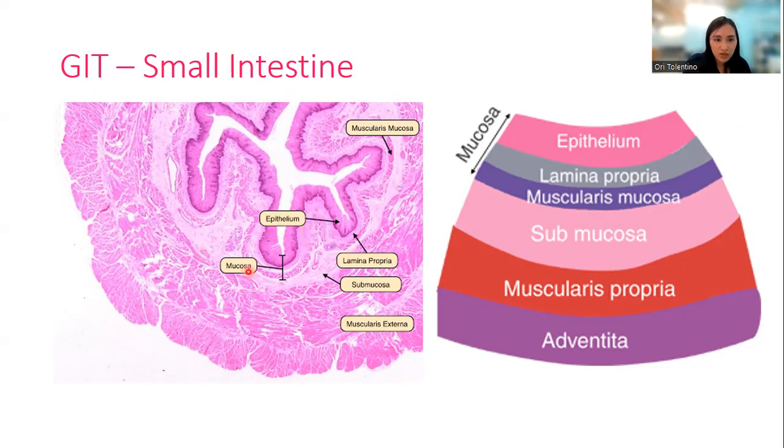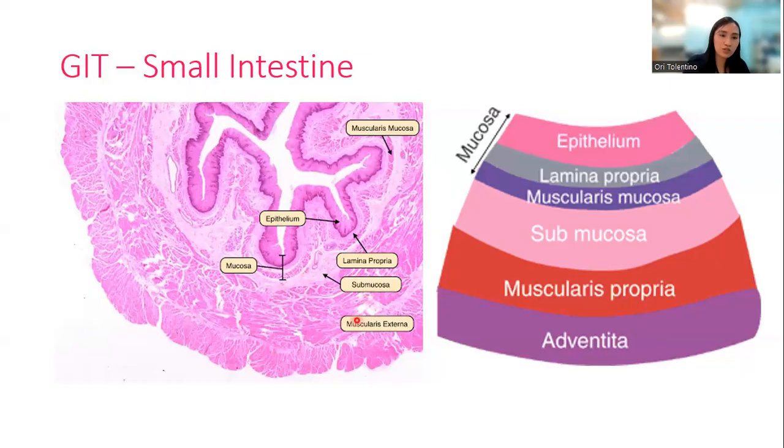You have a submucosa right here. The next layer is the muscularis propria, where most of your smooth muscle cells can be found, and they are oriented in different directions. And also you have the adventitia. So smooth muscles can be found in the muscularis mucosa, again this small layer of smooth muscle in your mucosa, as well as in the muscularis propria.